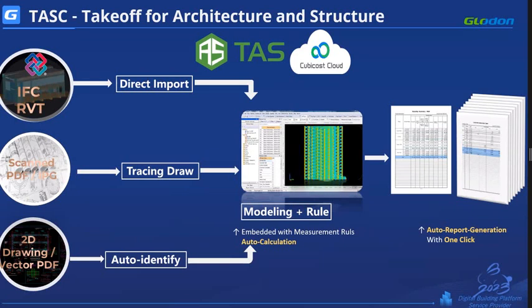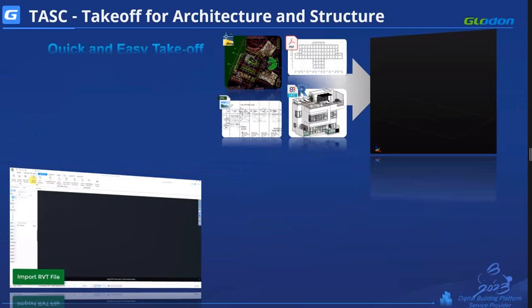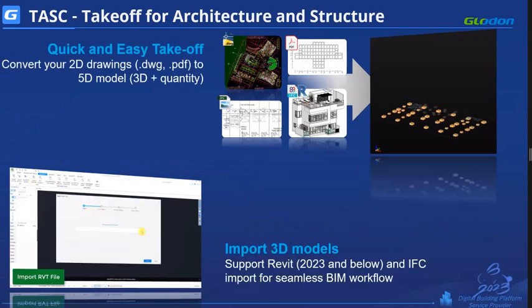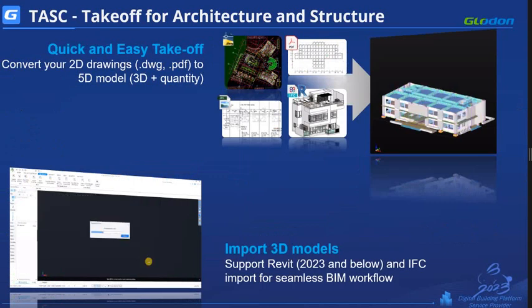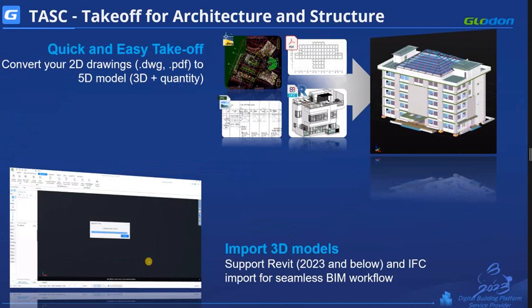In TAS, we can do quick and easy takeoff by converting your 2D drawings to a 5D model. It also supports Revit versions 2023 and below, and IFC import for a seamless BIM workflow.